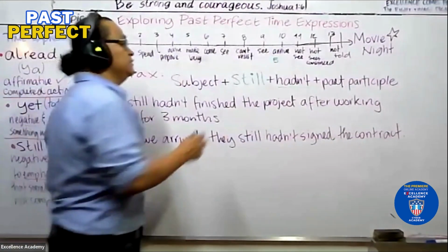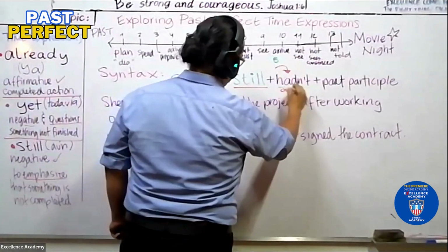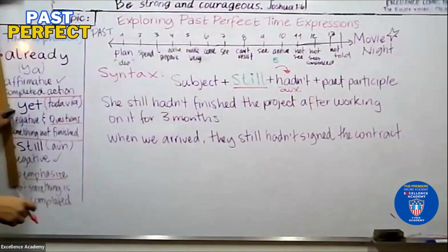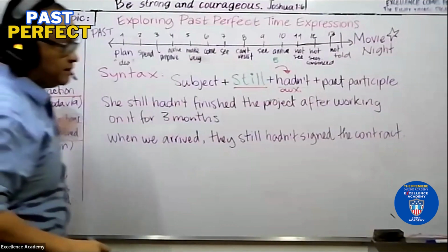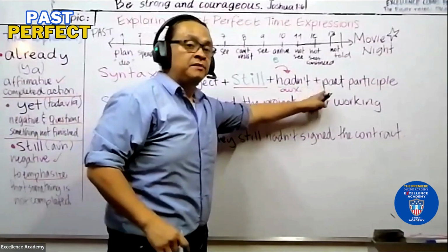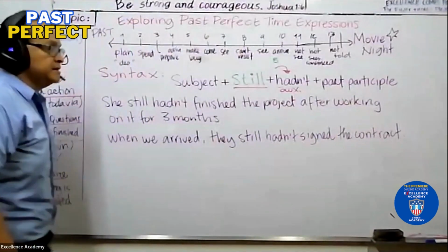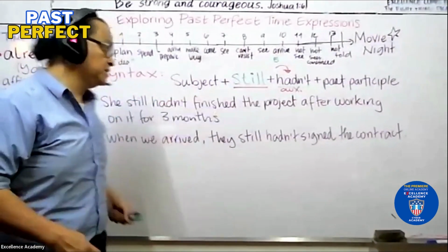However, still, just make sure to put it before the auxiliary. While the others, already and yet, we use them between the auxiliary and the participle, or at the end of the sentence. But still, it's going to go before the negative auxiliary. So just watch that one.